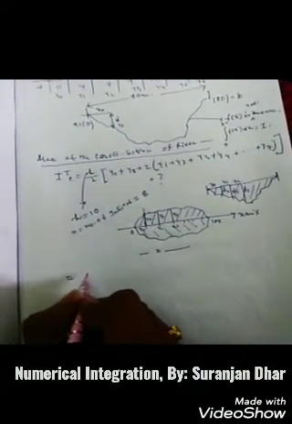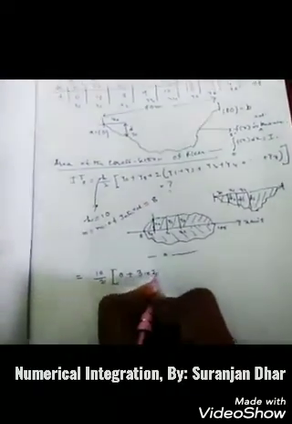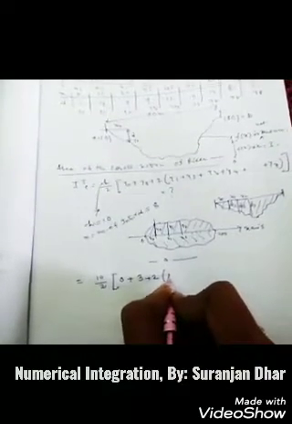So we use the formula: step length 10, by 2, then first value 0, last value 3, plus 2 into the remaining others, 4 plus 7 plus 9 plus 12 plus 15 plus 14 plus 8.